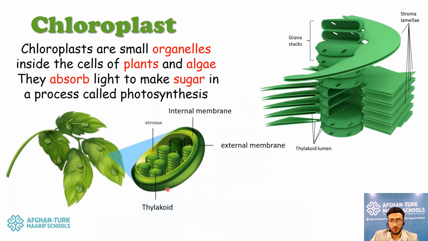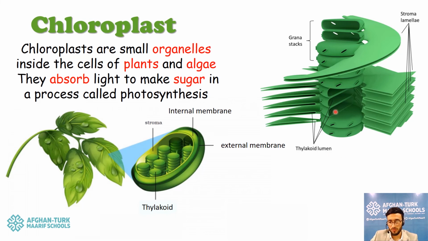The chloroplast is also made up of other small structures, mainly the fluid which fills the inside of the chloroplast, called stroma. These coin-like structures are called thylakoids, and each stack of them is called a granum, plural grana. The chloroplast is covered with two membranes, one internal membrane and the other called the external membrane.